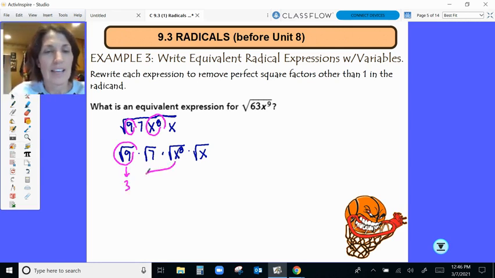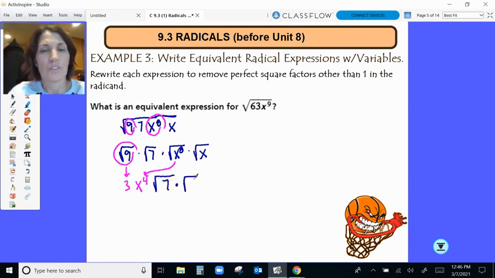The square root of x to the 8th, again, I'm just going to take my 8 divided by my index, which is 2. So it's going to be x to the 4th power. And think about it the other way, x to the 4th squared is going to be x to the 8th. Okay, then I have what I have left here, the square root of 7 times the square root of x. So I'll put those together as 3x to the 4th times the square root of 7x. And that is all simplified.